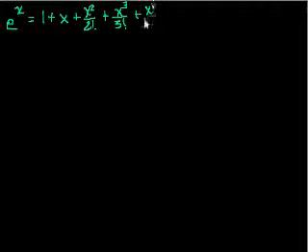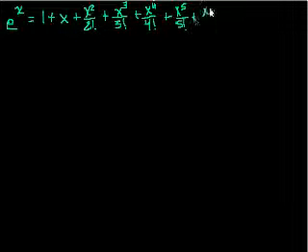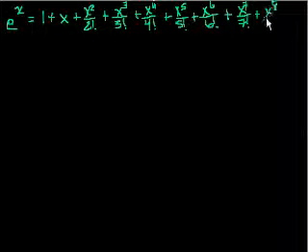Plus x to the fourth over 4 factorial plus x to the fifth over 5 factorial plus x to the sixth over 6 factorial plus x to the seventh over 7 factorial plus x to the eighth over 8 factorial. And it just keeps going on and on to infinity, right? Only when you take the infinite series does that exactly equal e to the x.